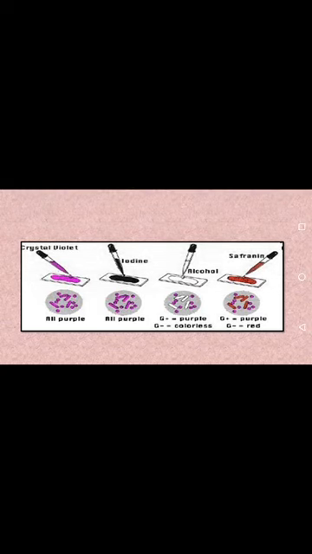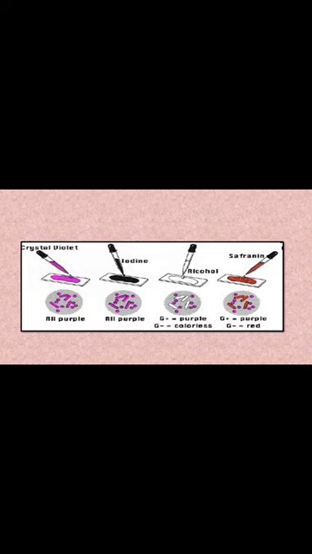First, crystal violet. You have to flood the smear with crystal violet. Then after 2 minutes wash out the crystal violet and flood the smear with iodine. Then all bacteria are purple in color.